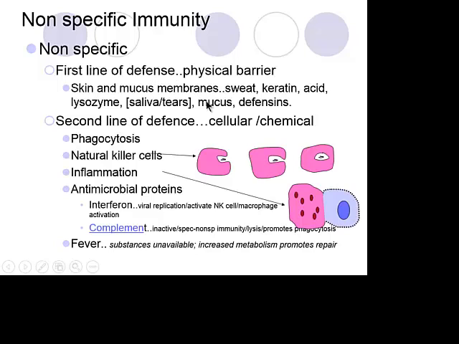Mucus is produced by mucous membranes, for example, the lining of the respiratory tract has goblet cells that produce a lot of mucus, and they trap particles, and again, they help to get rid of them. Some of this mucous membrane also produces substances known as defensins, which, as the name itself suggests, is a defense mechanism.